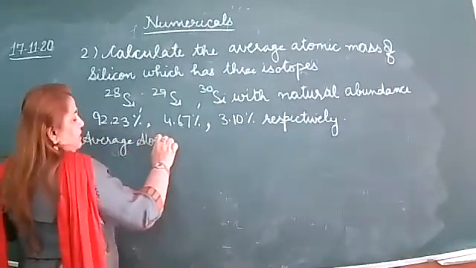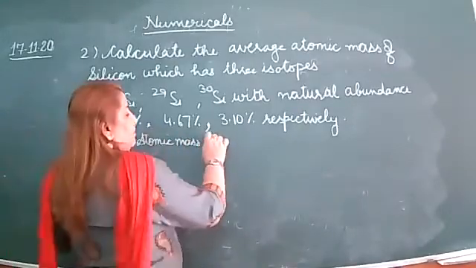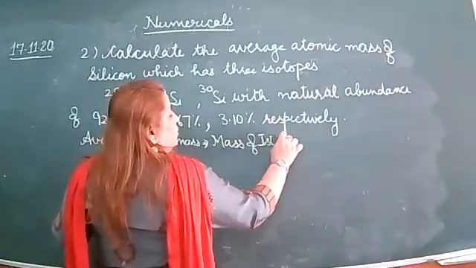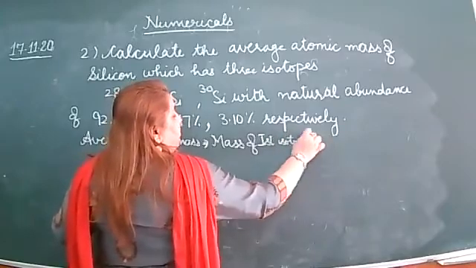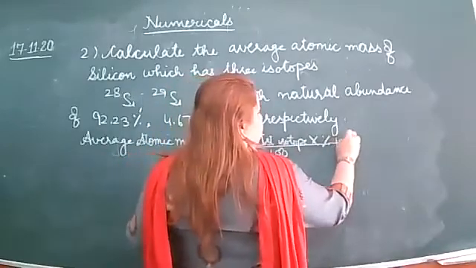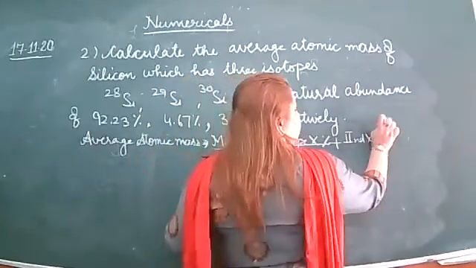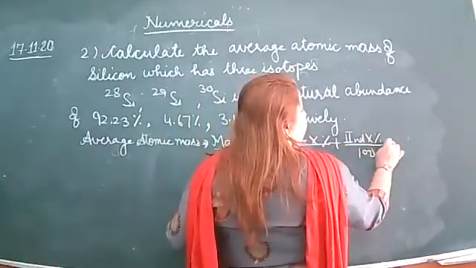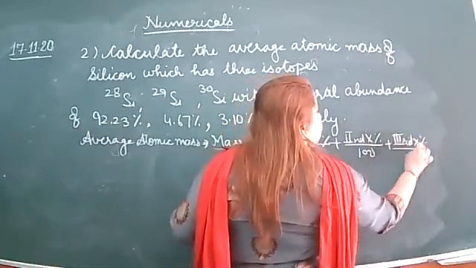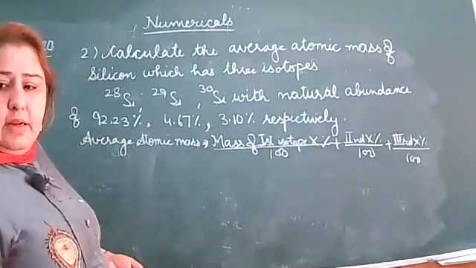Average atomic mass equals mass of first isotope multiplied by percentage divided by 100, plus second isotope multiplied by percentage divided by 100, plus third isotope multiplied by percentage divided by 100. Right? Is that clear?